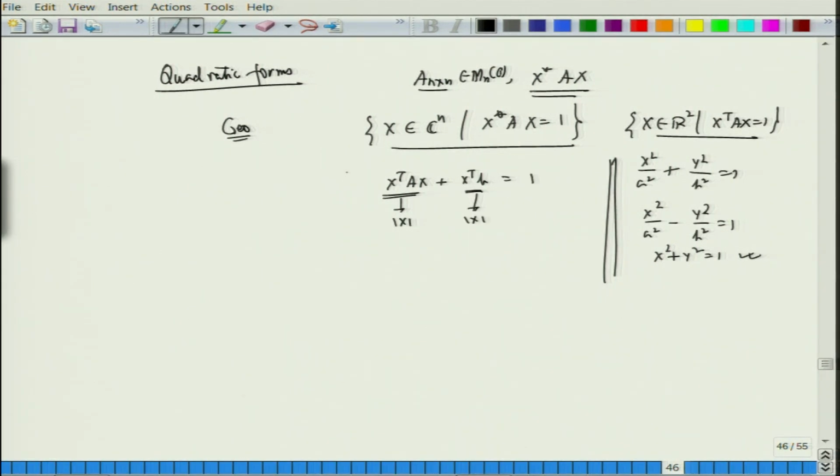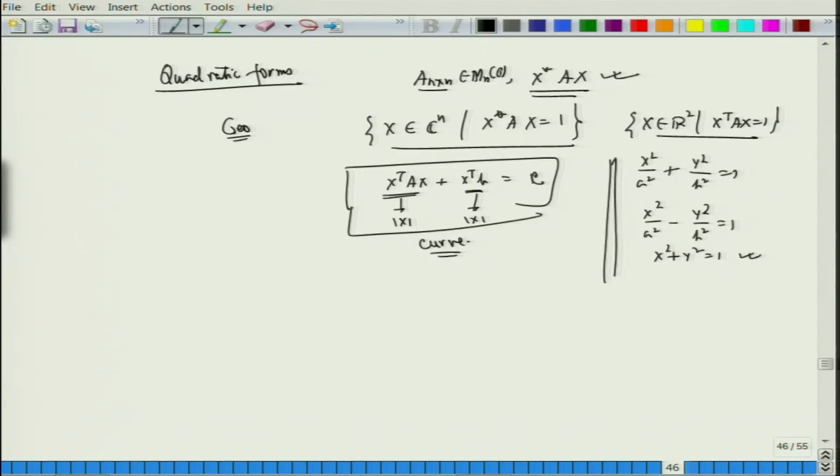So I can write it as 1 or some C, and then look at the curve that this represents. Then the notion of parabola will also come, and the notion of pair of straight lines in 2 dimensions. Similarly in higher dimensions, it has a lot of applications.